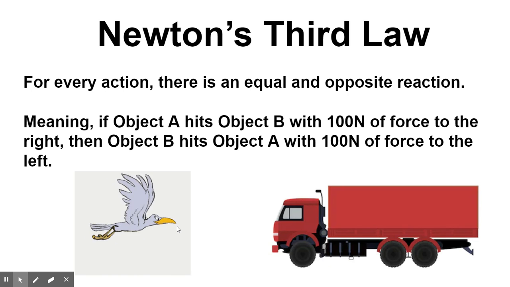It does not mean that the truck hit the bird with more force. It just means that the result may be different. So remember that regardless of two things hitting each other, regardless of their mass or their size, the force that is applied to both is always, always, always going to be the same.